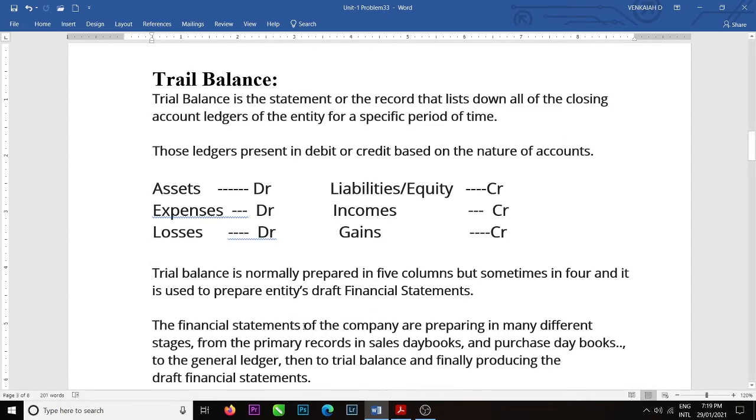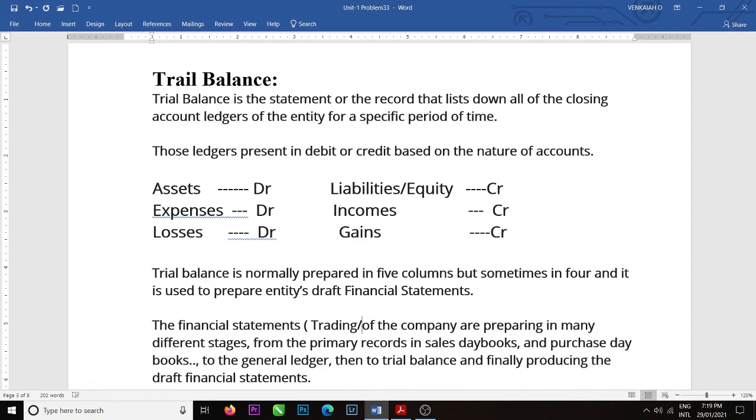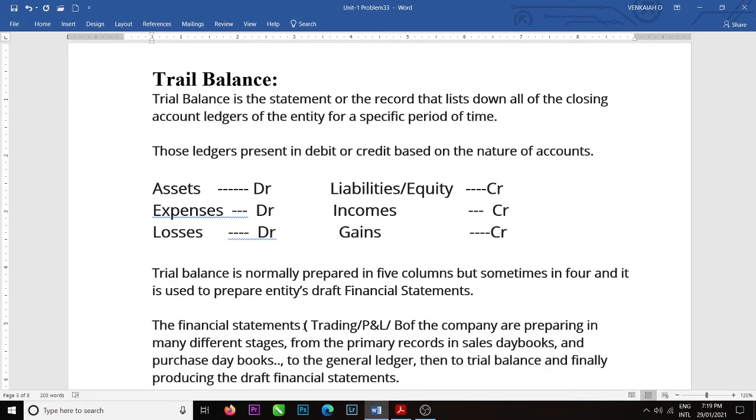Can you remember what the financial statements are? Trading account, profit and loss account, balance sheet.